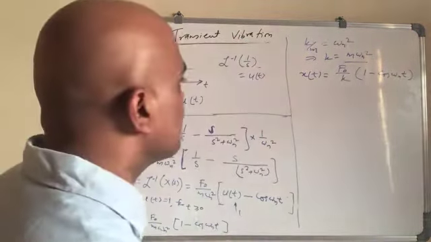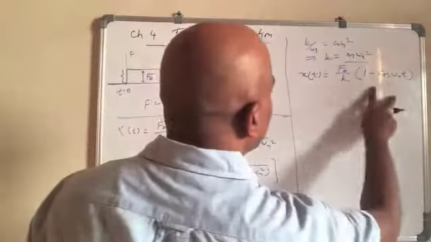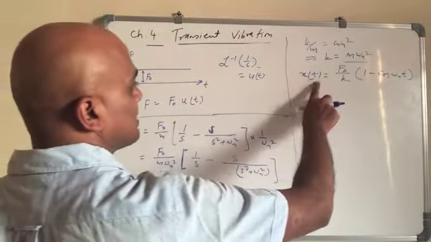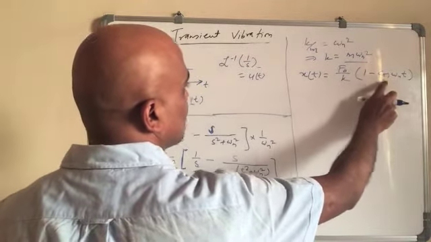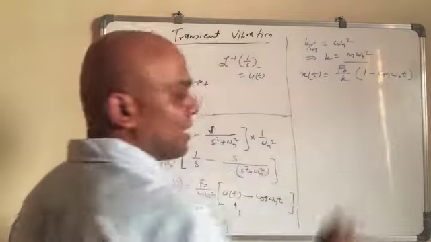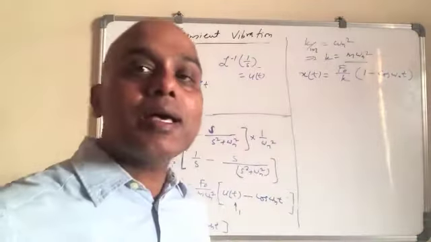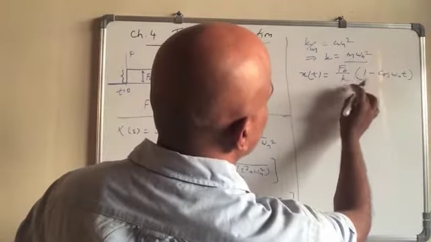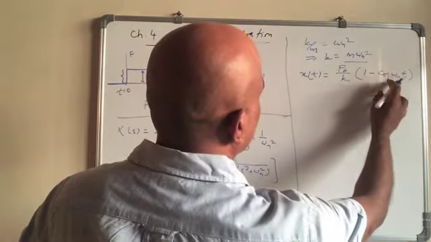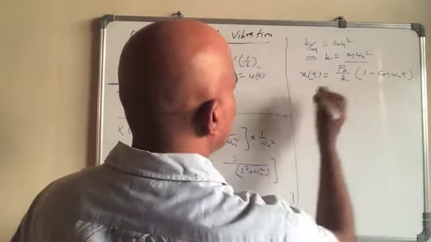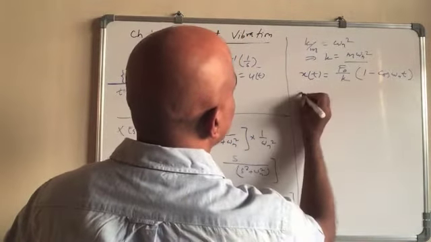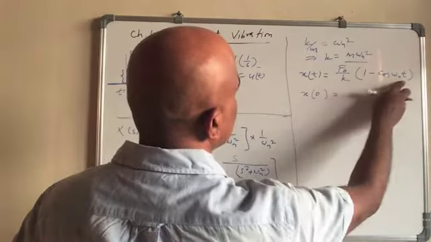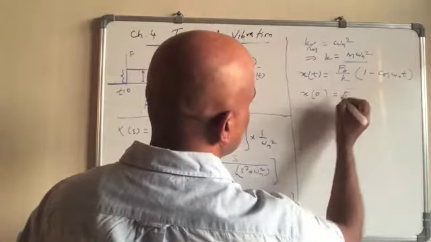So what is the meaning of that? The solution is x(t) equal to F naught over k times 1 minus cos omega n t. We want to interpret the solution. It will automatically satisfy that at t equal to 0, this becomes 0.